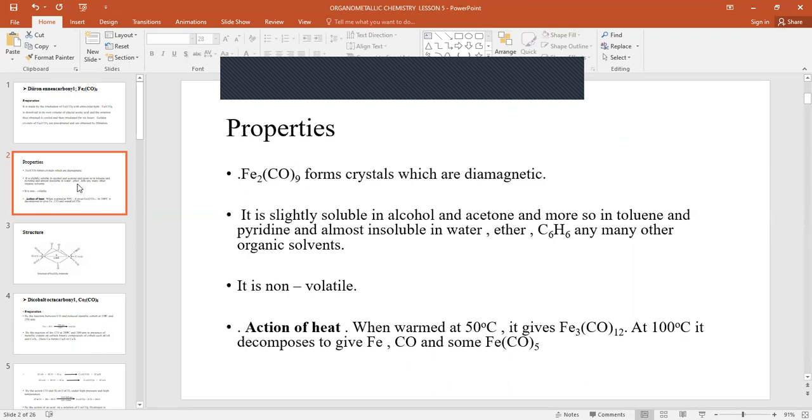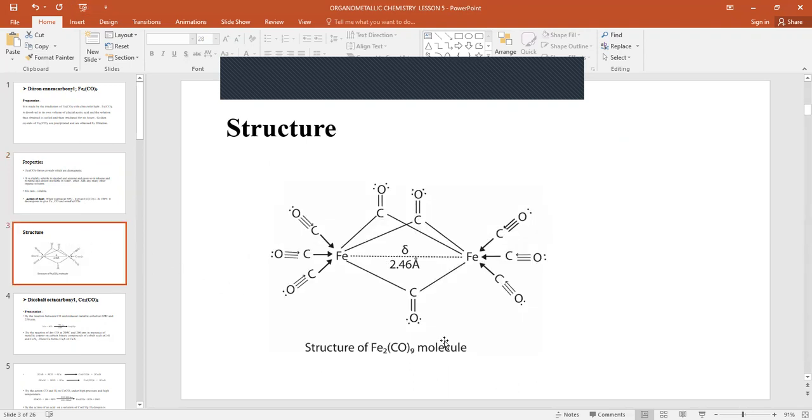Action of heat: when warmed at 50 degrees Celsius, it gives triiron dodecacarbonyl, and at 100 degrees Celsius, it decomposes to give iron, carbon monoxide, and some iron pentacarbonyl. The structure is bridged. It has 3 bridges and 6 terminal carbonyls.